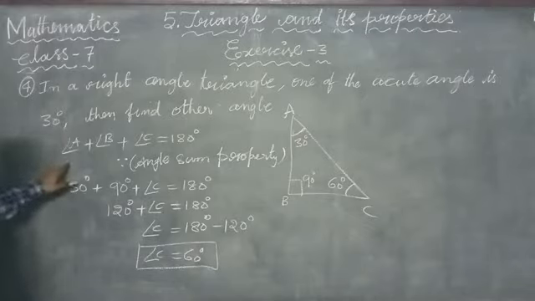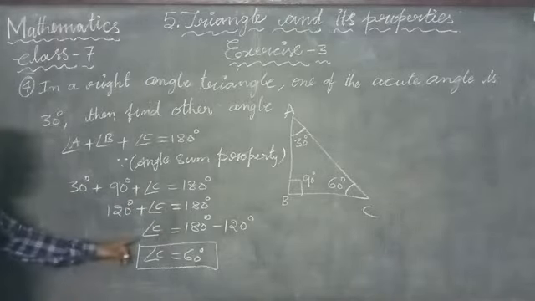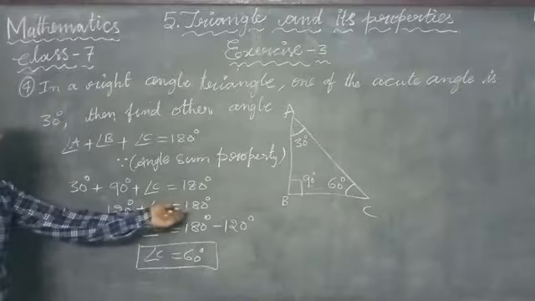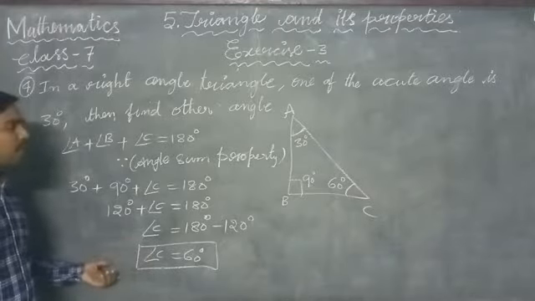If you substitute the values of angle A and angle B, we get 120 degrees plus C equals 180 degrees. Then angle C equals 180 degrees minus 120 degrees, so angle C equals 60 degrees. This is the other acute angle we had to find.